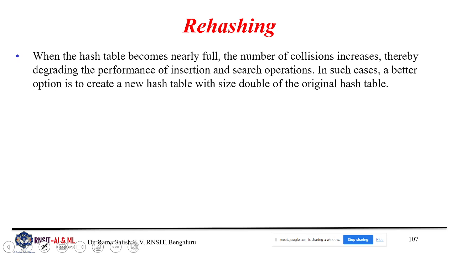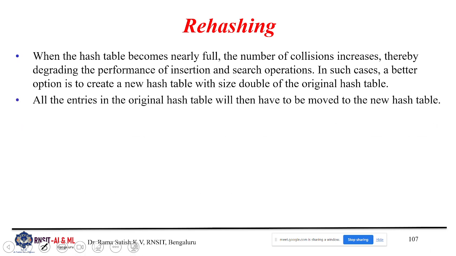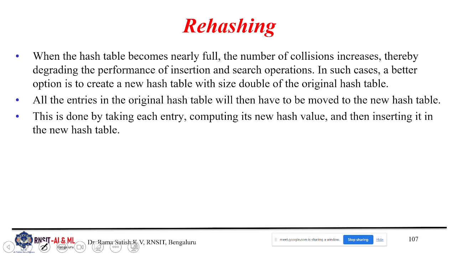So what happens when you do so? All entries in the original hash table will then have to be moved to the new hash table. This is done by each entry computing a new hash value, because the M value changes.